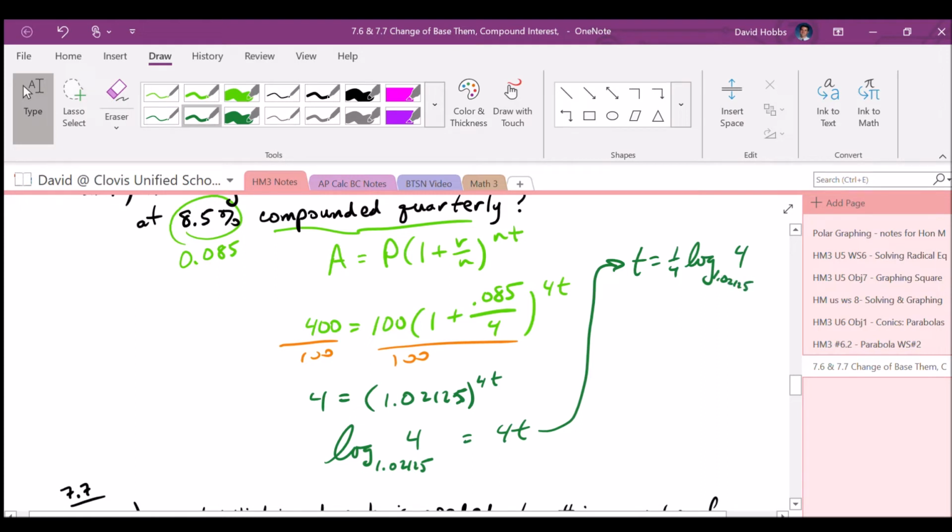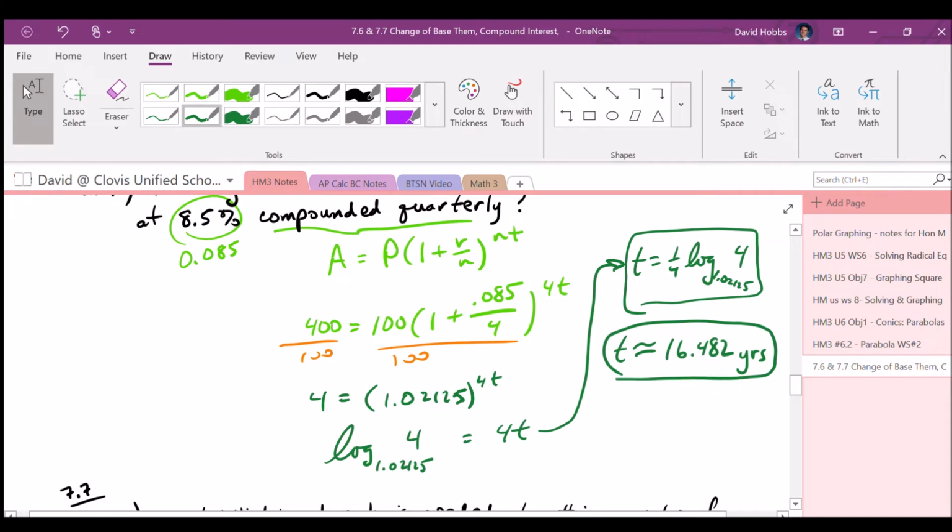Okay, now you need to remember how to plug in the log of 4 base 1.02125. And so log of 4 base 10 divided by log of 1.02125 base 10. Plug that in, multiply by 1/4 or divide by 4. And if you do that, you get approximately 16.482, and it's t, time, years.